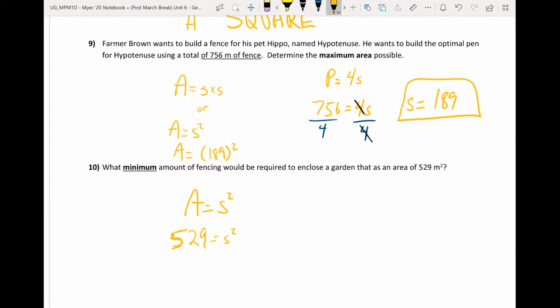We just want s, so we take the square root of 529. So s is equal to 23. And it's in meters, so I'm going to put meters, like that. There you go.